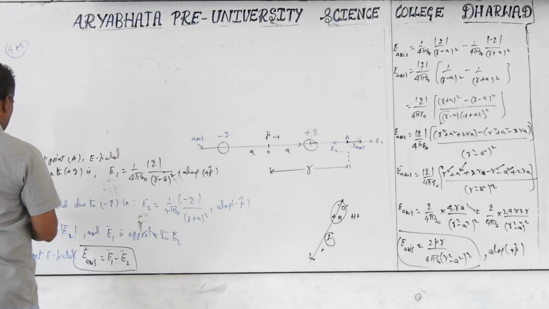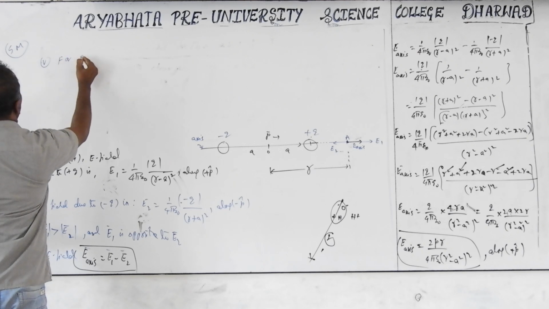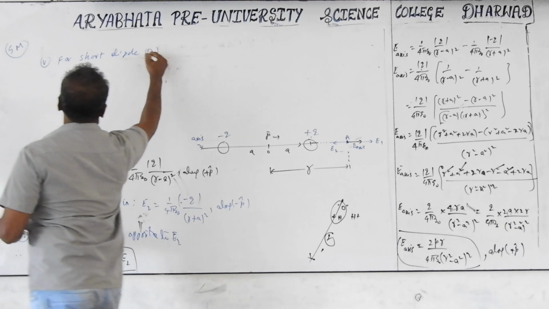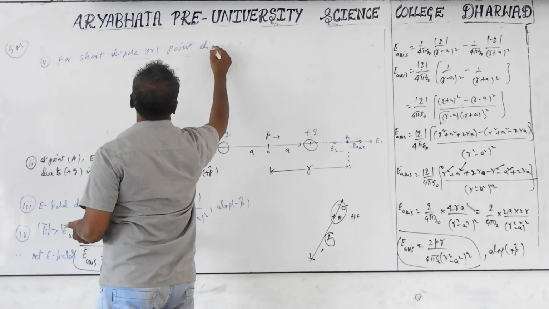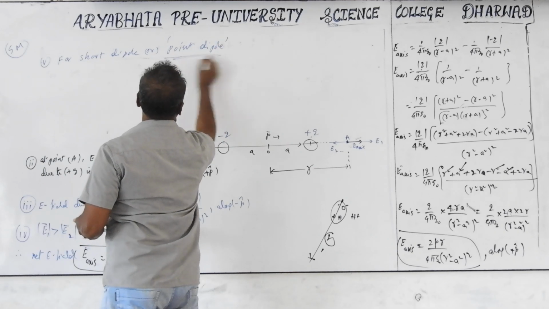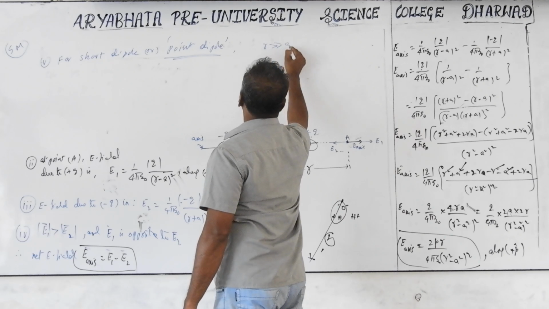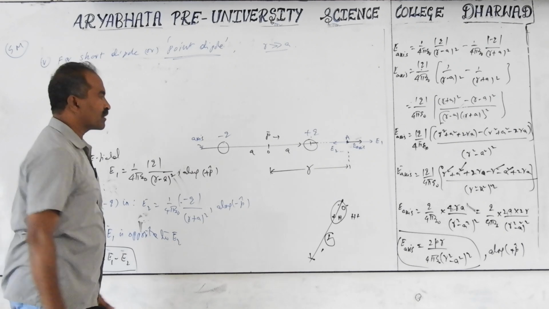Next point is the fifth one. For short dipole, also called a point dipole or point size dipole, r is much greater than a. What you are finding is the field not between the charges, please.